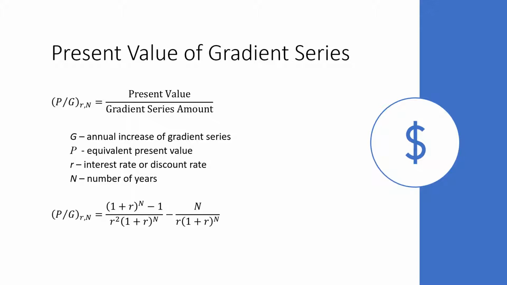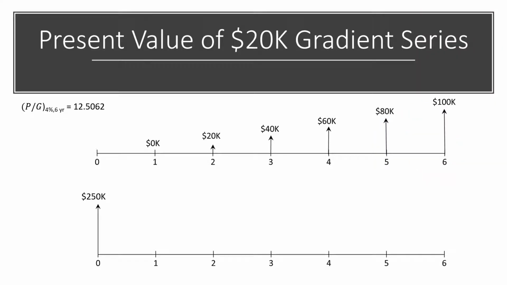So you have P over G for an interest rate of R and for a duration of N years. And in this case, P over G would be equal to 12.5. So the present value is about 250K of this 20K gradient series going from years 1 through 6.